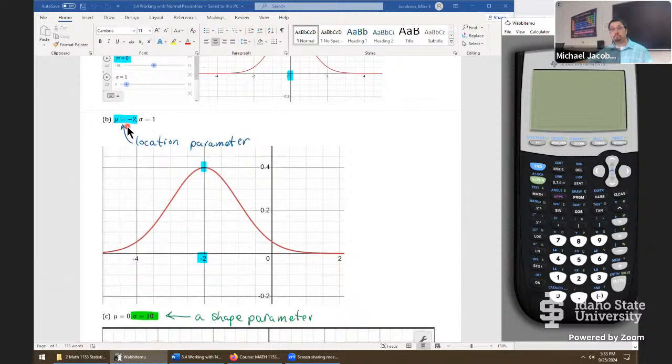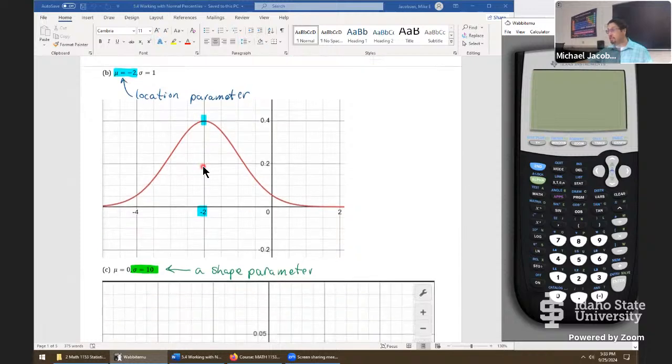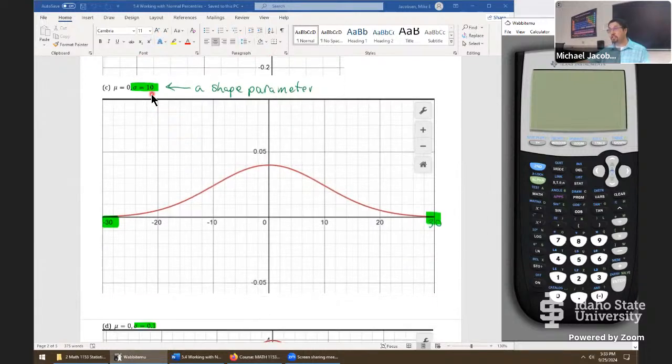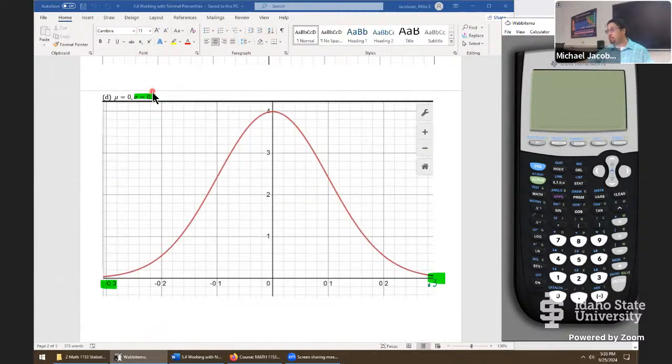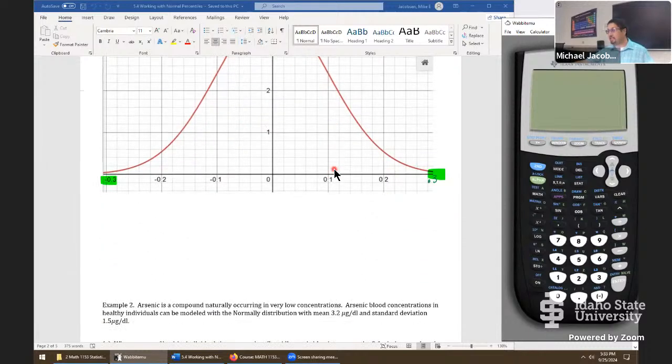If you move mu, the mean, to -2, it just recenters the curve. If you change the standard deviation to 10, you're stretching out the horizontal axis, so we have -30 instead of -3. If you compress the standard deviation to 0.1, the data is less spread out, so it goes from -0.3 to +0.3. But observe, we're still looking at the same basic shape of the normal distribution.